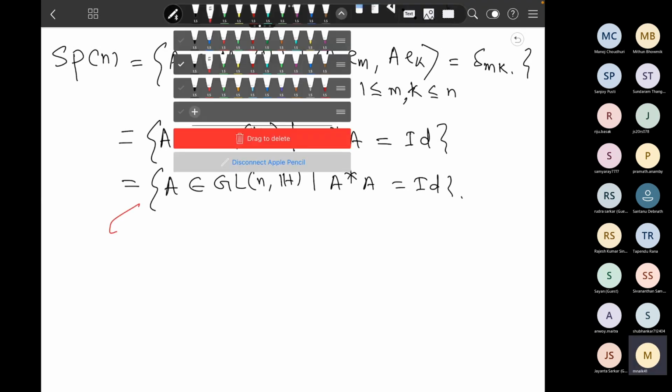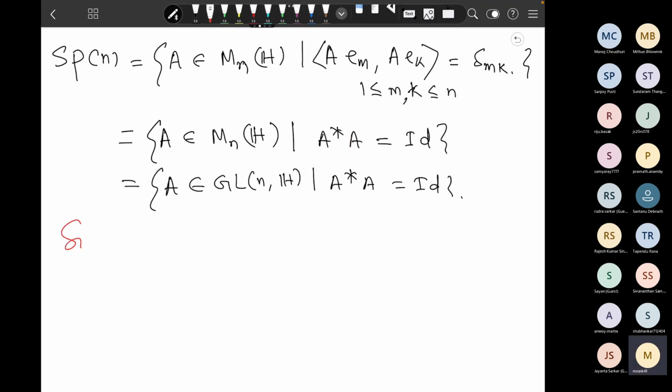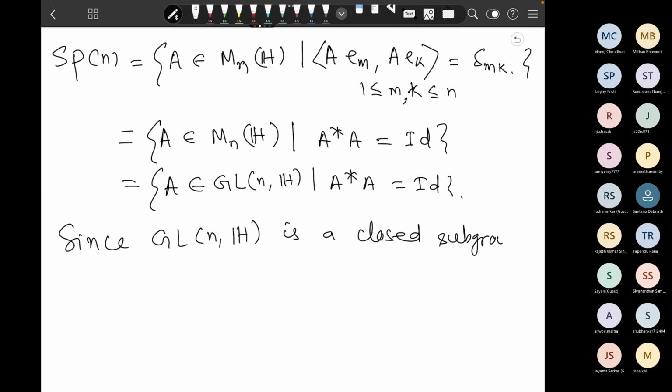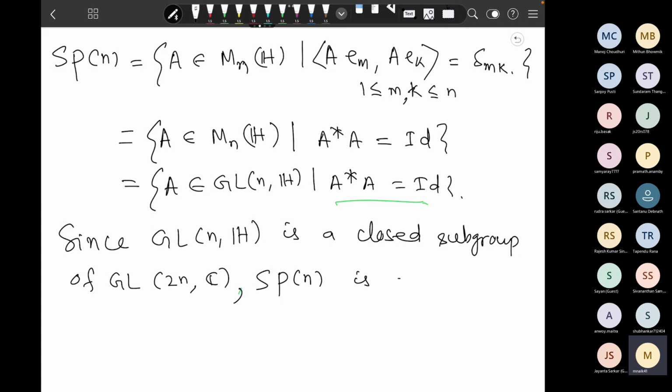Since GL_n(H) is a closed subgroup of GL_{2n}(C), and there is one more condition, this implies Sp(n) is a closed subgroup of GL_{2n}(C).